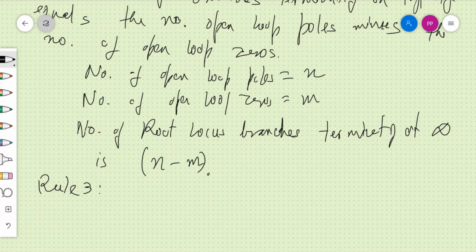In other words, given a point on the real axis, if the number of poles plus zeros on the right of that point is odd, then the trajectory there should be on the real axis.